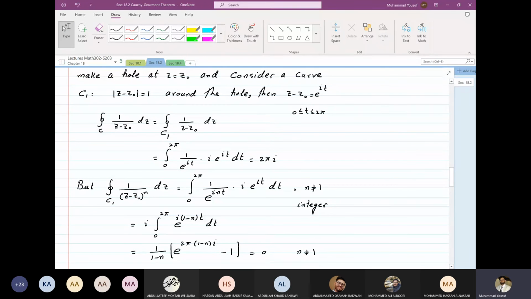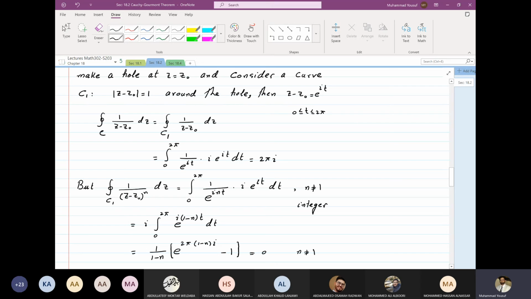So the integral over C is the same as the integral over C1. This is something we have learned before, that if there is a hole in the domain, then the integral over C is the integral over C1. Now we replace z minus z naught by e power i t and dz by i e power i t.